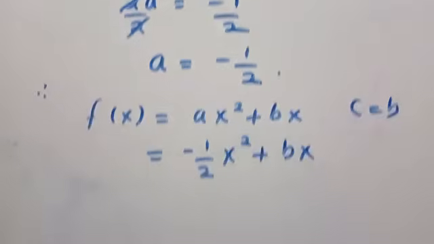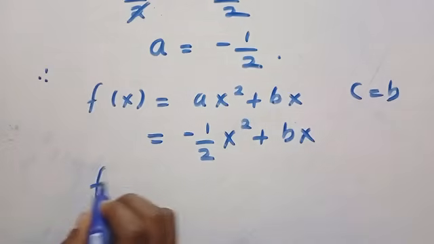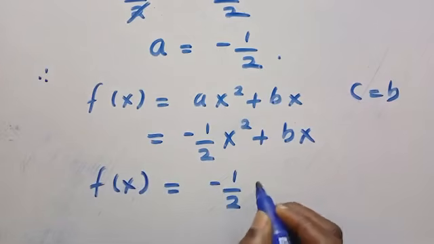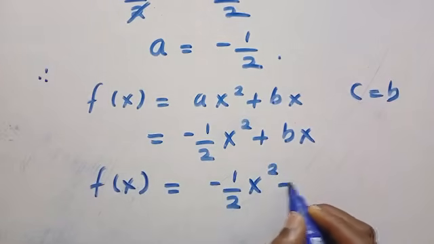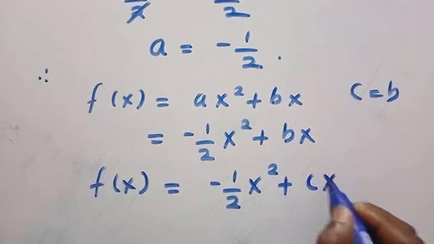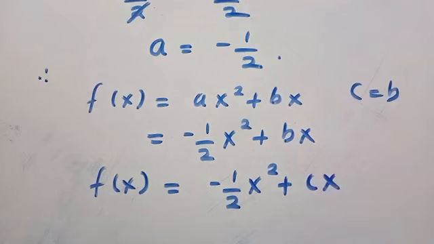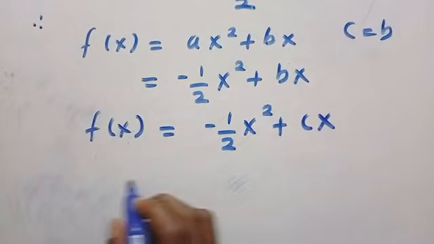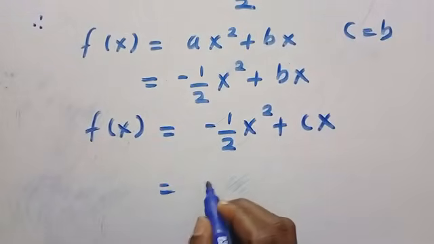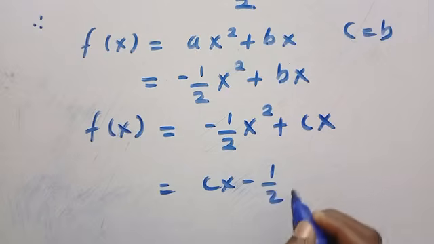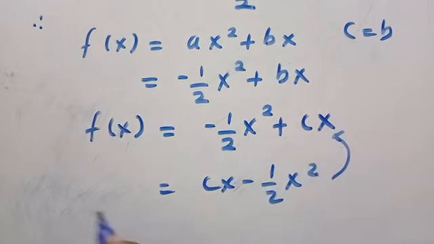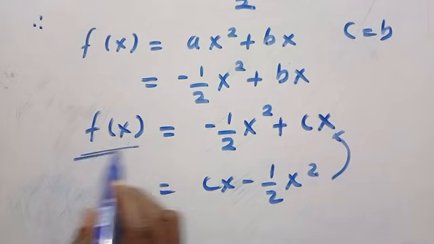We are going to have f of x equals minus 1 over 2 x squared plus cx. This is what we got initially: cx minus 1 over 2 x squared. So these two are the same, showing that this function is a quadratic, and this is how to solve it.